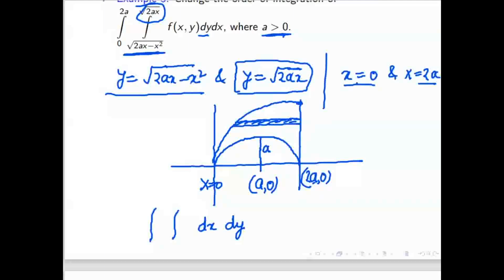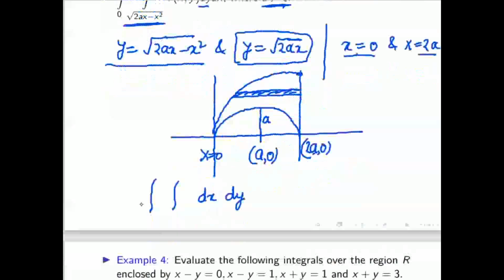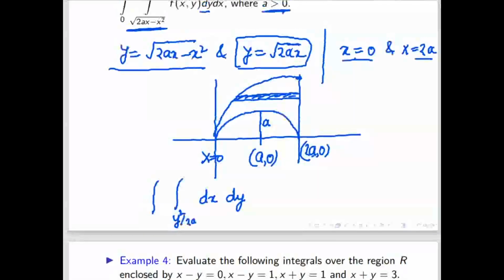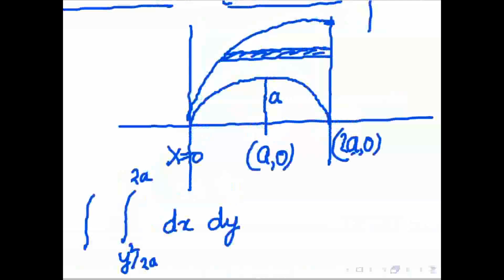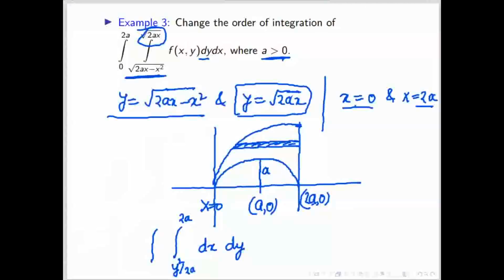Start x value is y square by 2a, and upper limit is 2a. Okay, then what will be the limit of y? Y will vary from where to where, so that that whole region will cover.